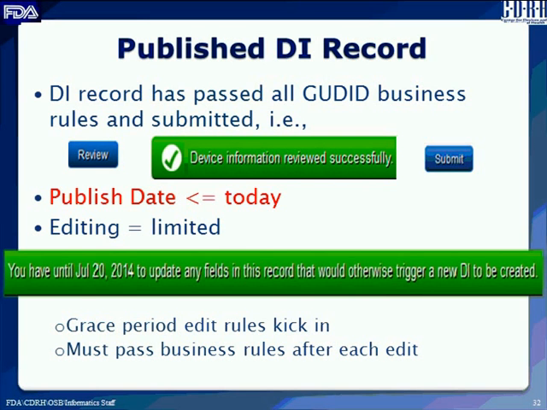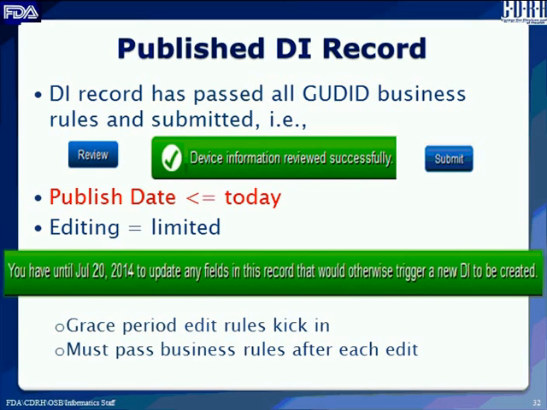The system tells you here, when I submitted this record on July 19th, it told me in the test database, the grace period is 1 day. It told me you have until July 20th to update any fields in this record that would otherwise trigger a new DI to be created. So it's telling me what the grace period is.